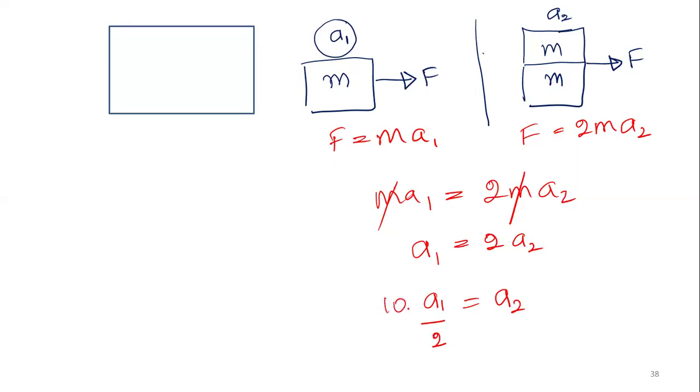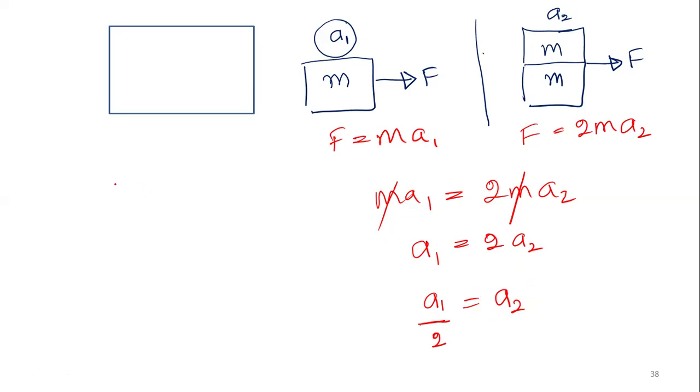That means if this is 10, 10 divided by 2 will give you a2, which is 5. So acceleration in the second situation is reduced, or is half of the first instance. Half of the first instance's acceleration is the acceleration for the second instance. This one, mathematically, I am proving it to you.